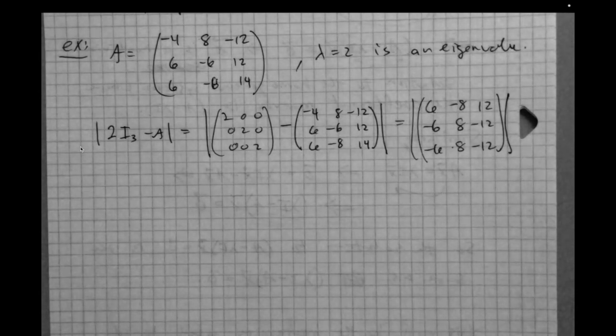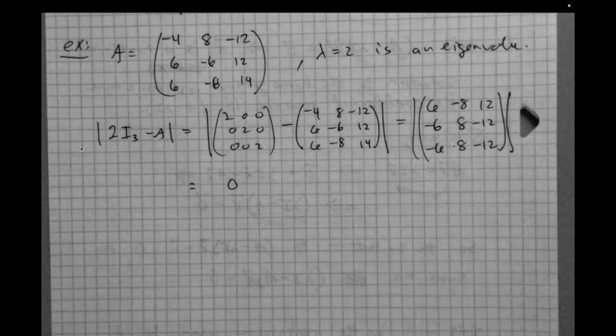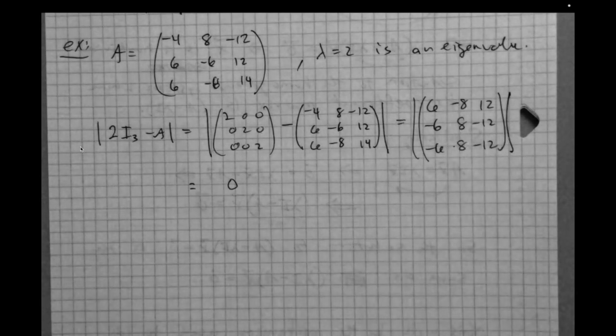Now, what is the determinant? The determinant is equal to 0. We know the determinant is equal to 0 because two of the rows are identical. If you think back to when we talked about the determinant, you'll find that was the theorem: the determinant is equal to 0 if two of the rows are identical.